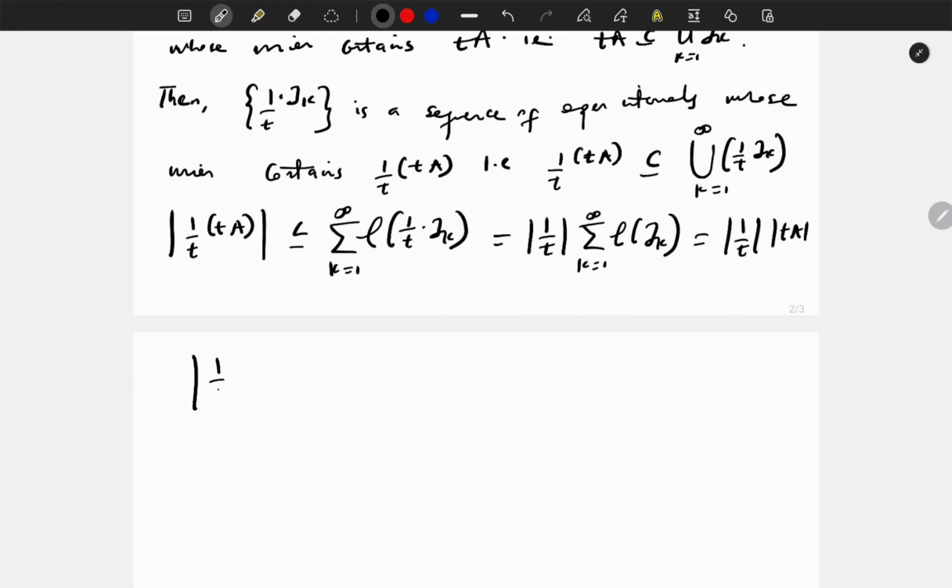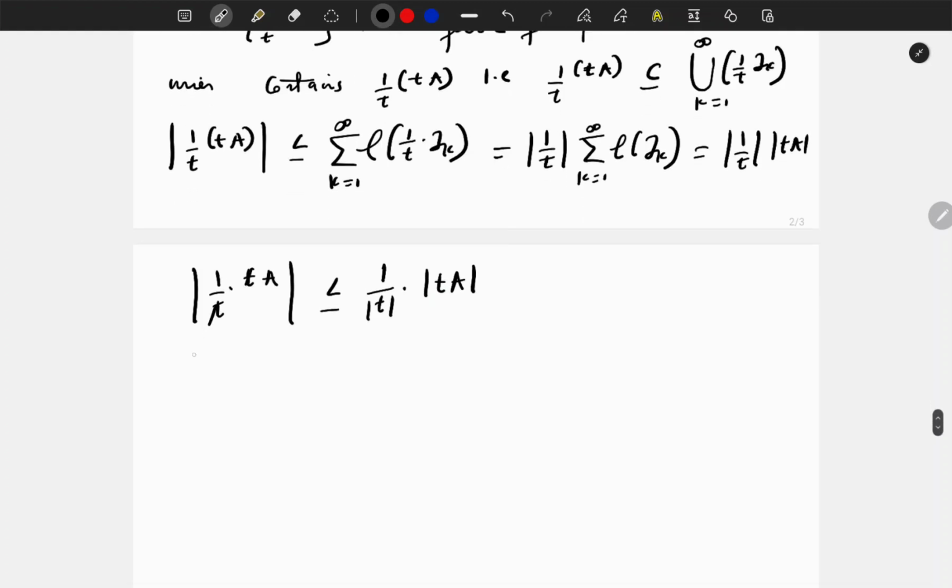So let's write what we have there. We have outer measure of A less than 1 over mod t times the outer measure of tA, since mod 1 over t is 1 over mod t. So this t cancels this t, and we have outer measure of A is less than 1 over mod t times outer measure of tA.